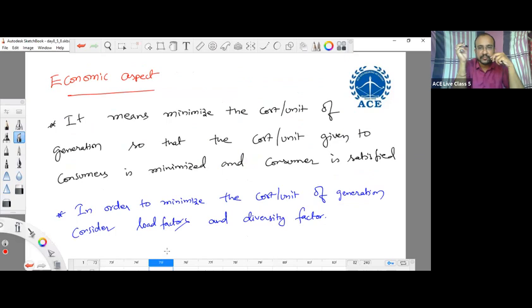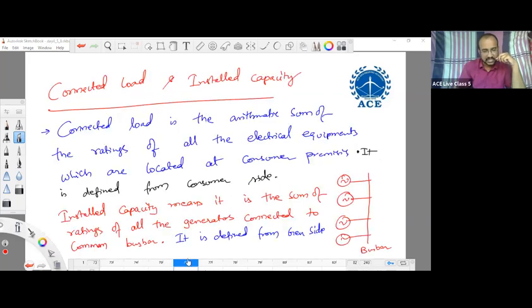In order to minimize the cost per unit of generation, let us consider the load factors and diversity factors that we analyzed in the last class. We defined connected load and installed capacity. Connected load is the sum of the ratings of all the electrical equipment connected in the consumer premises. Installed capacity is the sum of the ratings of generators connected to the same bus bar.